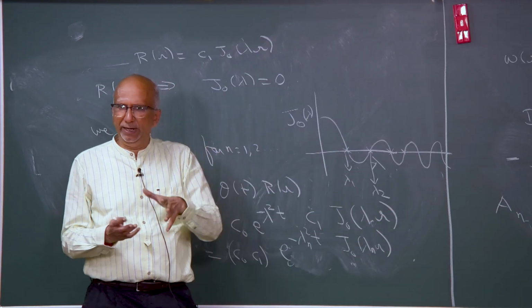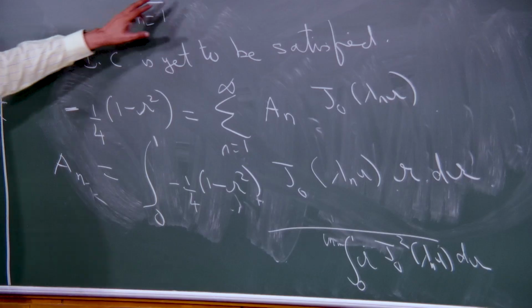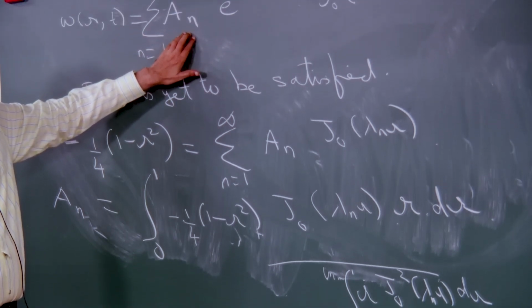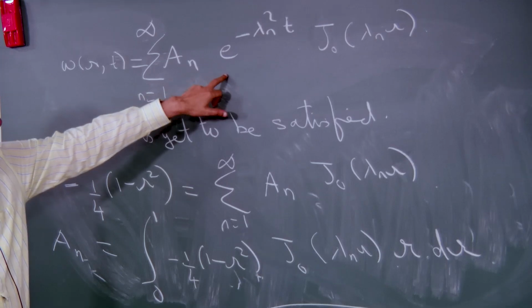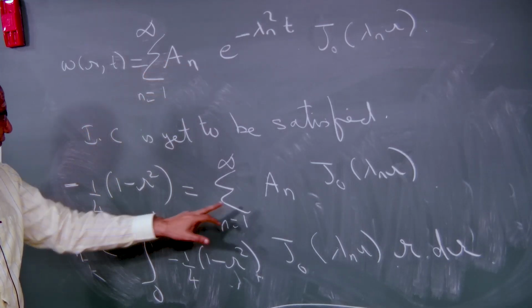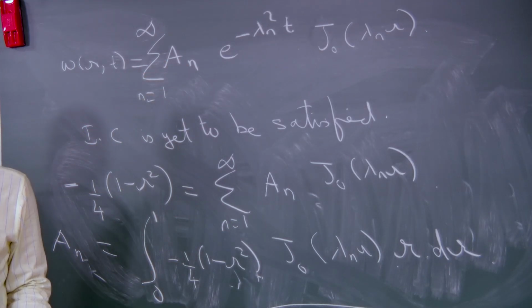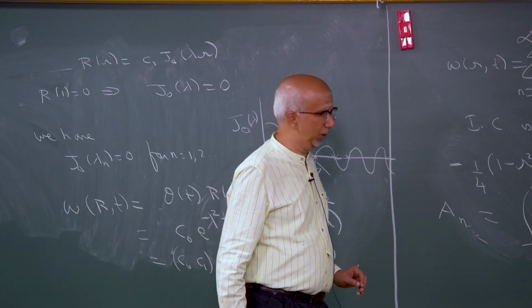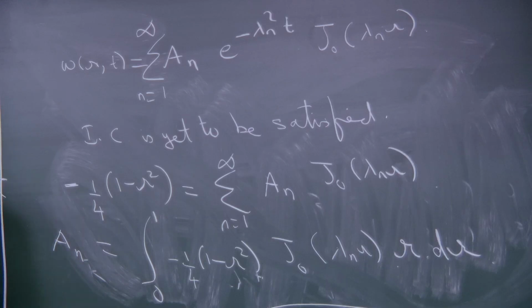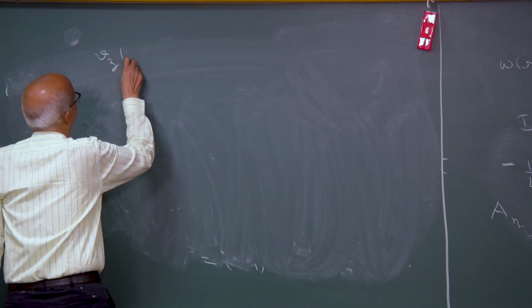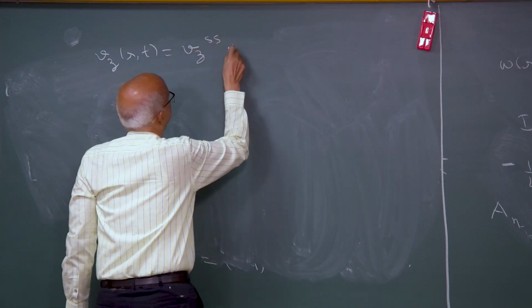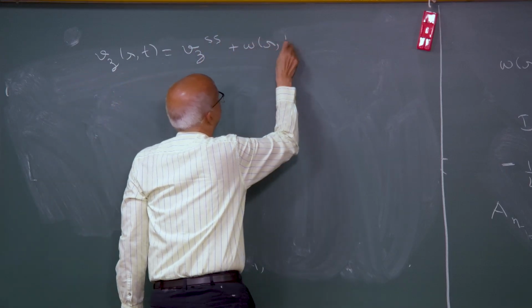All of this I am adding together, and my solution is composed of a linear combination. These coefficients depend upon n, and I find them by doing this inner product. So now I know W, and I can find Vz. Vz of r comma t is Vz_ss plus W of r comma t.